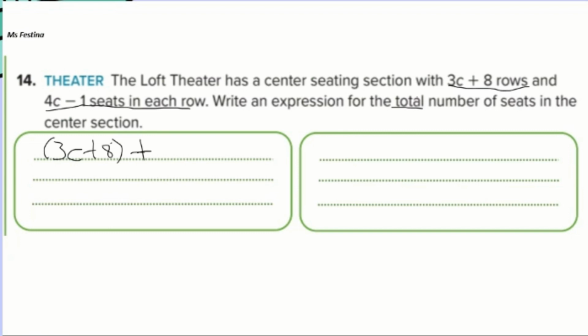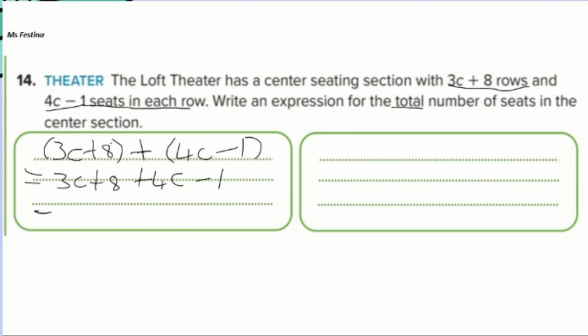So open bracket again, 4c - 1, close bracket. Then I can go ahead and simplify. I can write them without brackets because I have a positive there, so it won't change anything. Plus 4c - 1.